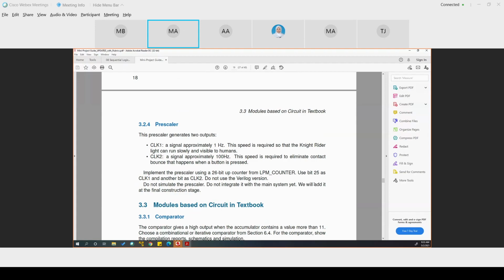I don't know which bits we should connect from the counter itself. This is clock 1 and clock 2, right? The text is not that clear. I don't understand the text. So that's the only part which is left for me, but I don't seem to understand it at all.